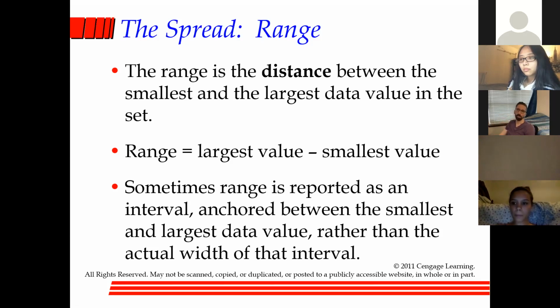So it's possible that you could have two data sets that have the same range, but would have different spread, right? Because you could picture, for example, a data set with a large number and a small number, and then all the numbers in between are the same number. That wouldn't have much spread, right?